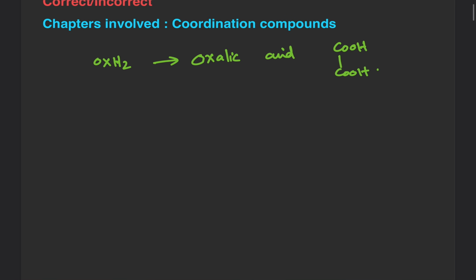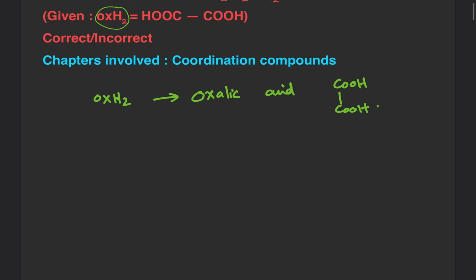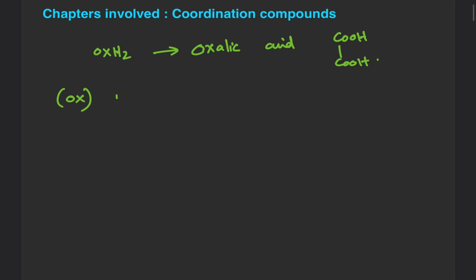Now coming to statement 1, which says that [Fe(ox)3]3- is chiral. Here ox is the ligand, and it is actually the oxalate ion.